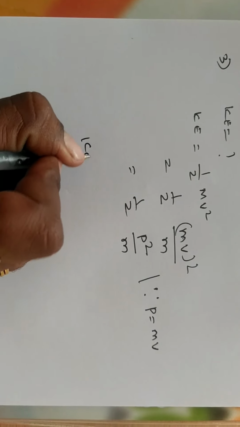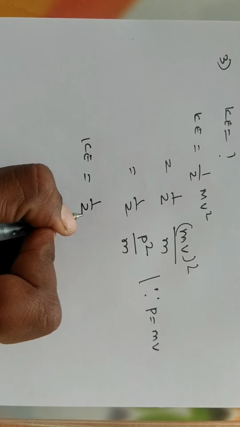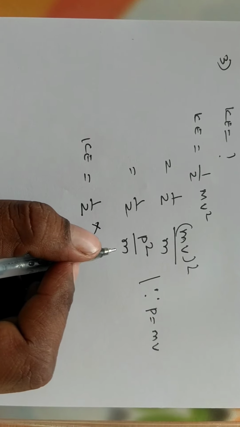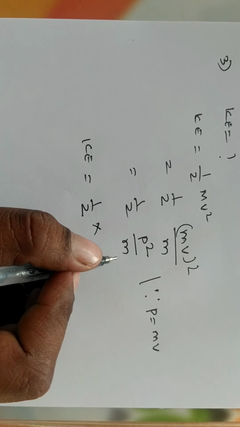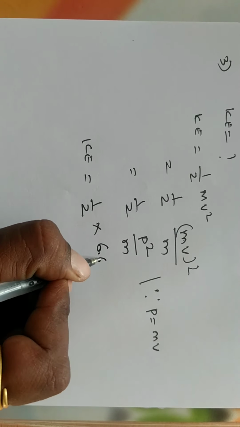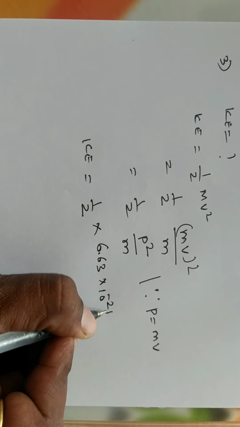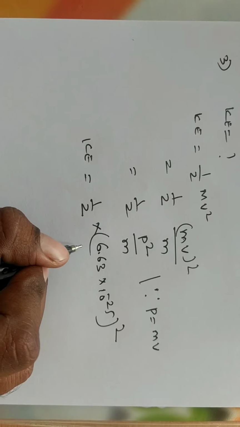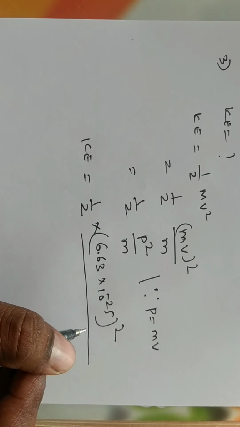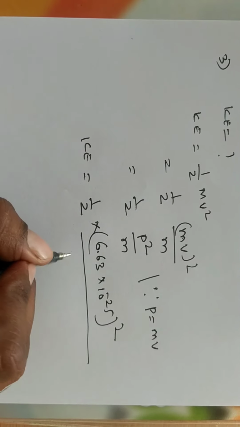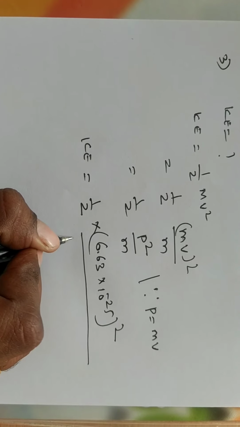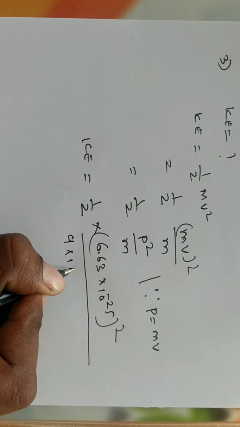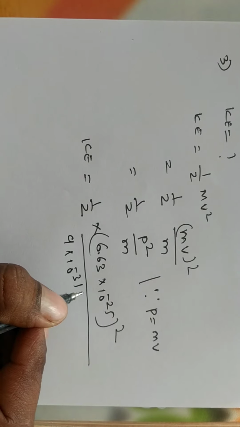Then kinetic energy is equal to 1 divided by 2 into p square value. What is the value of p here? 6.63 into 10 to the power of minus 25 whole square divided by m. Mass of an electron 9 into 10 to the power of minus 31.